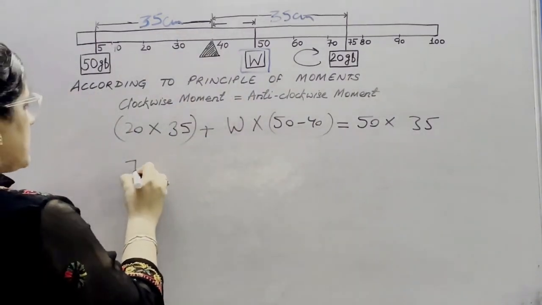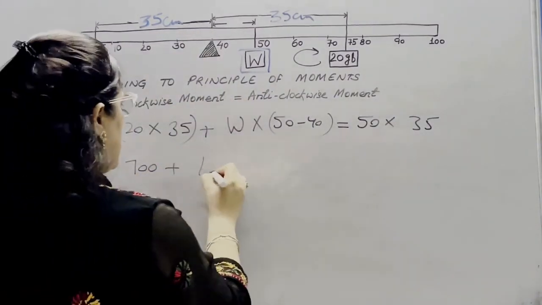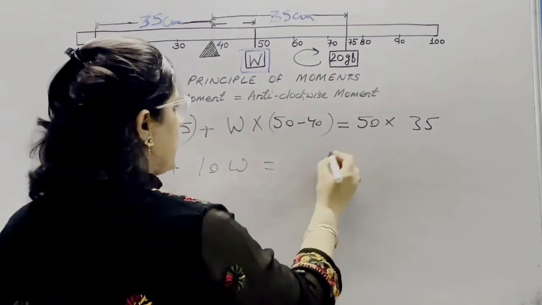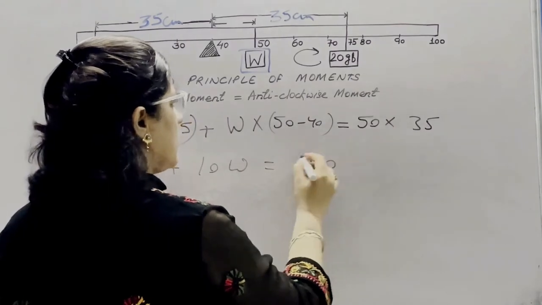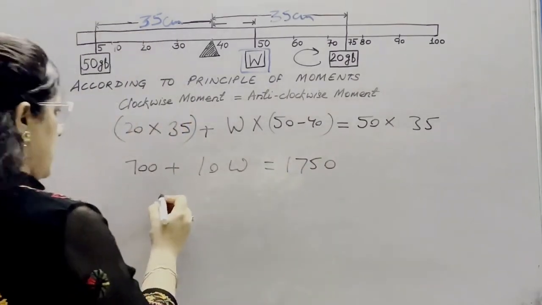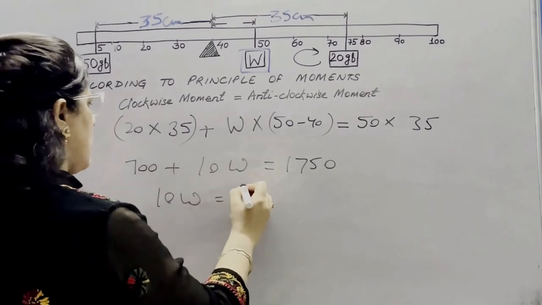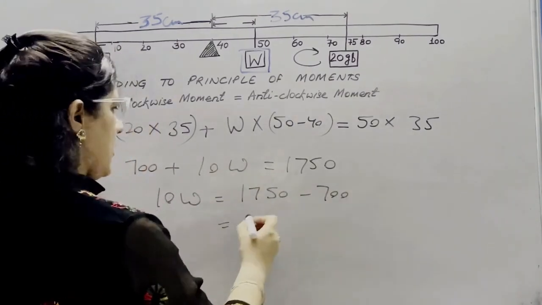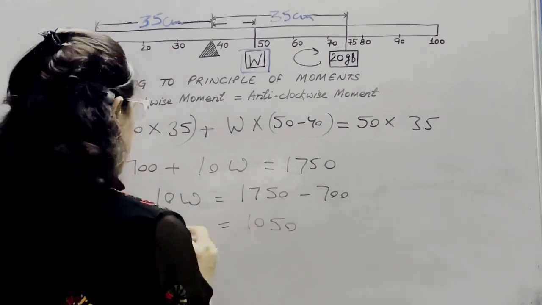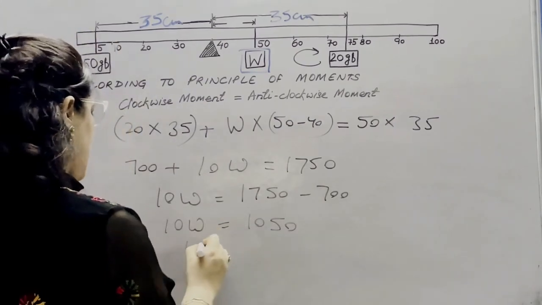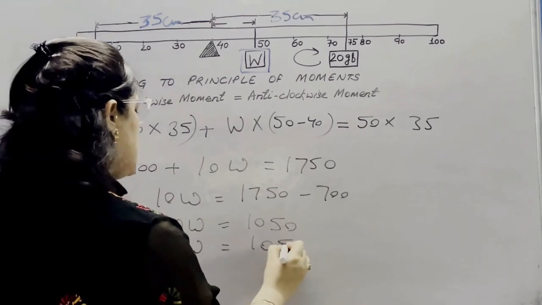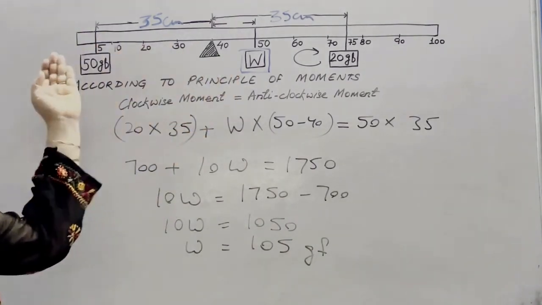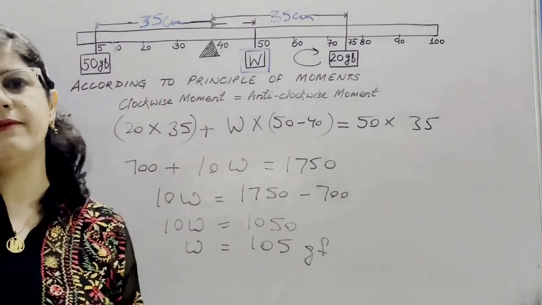So this is 700 plus 10W, and 35 into 50 is 1750. So 10W is equal to 1750 minus 700, which is 1050. So the value of W is 105 gf. So the mass of the uniform meter scale is 105 gf.